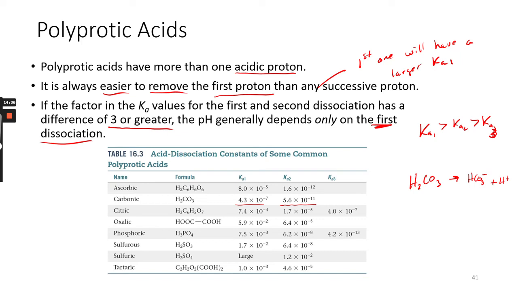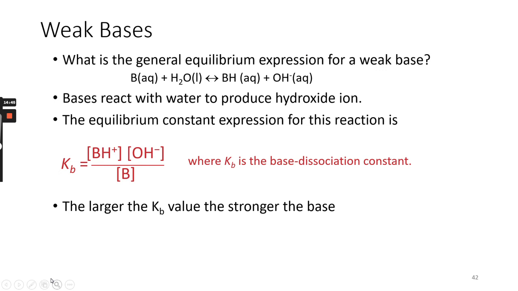If the difference between the first and the second is less than 3, then you have to worry about the second one. And when I say 3, I mean the exponents in the Ka values.